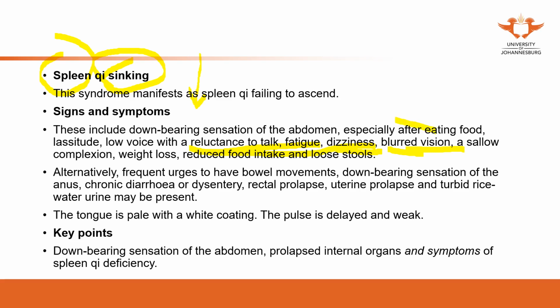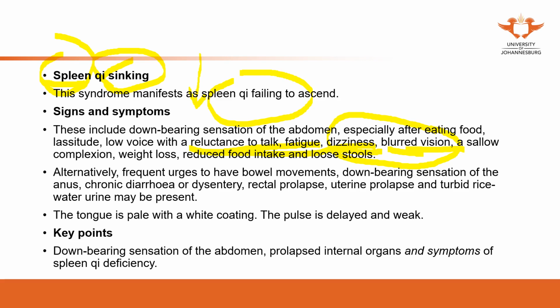Because remember where the blood comes from. That's from the middle jiao, which is the spleen. So that's the main organ, spleen and stomach, the main organs of the qi and blood. When the spleen has dysfunction, we don't have enough qi. That's why the qi descends or sinks.